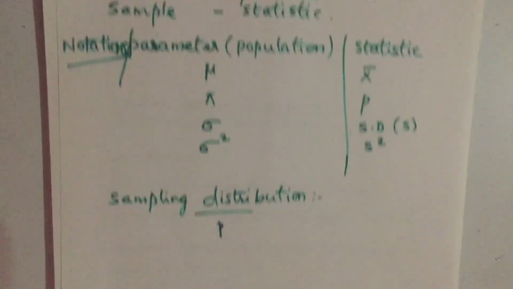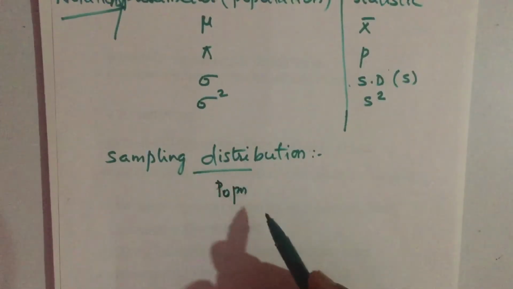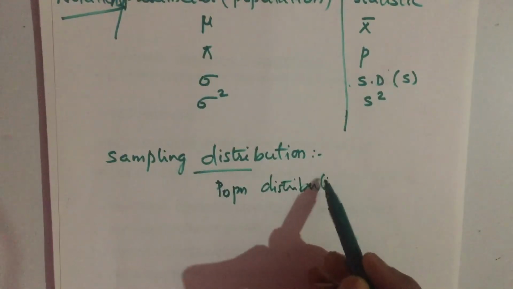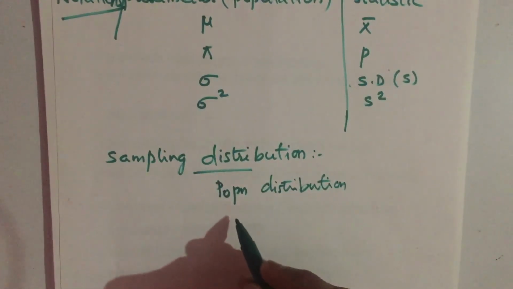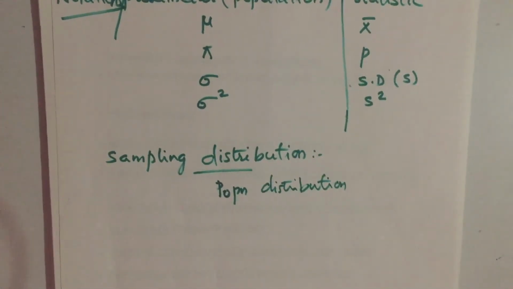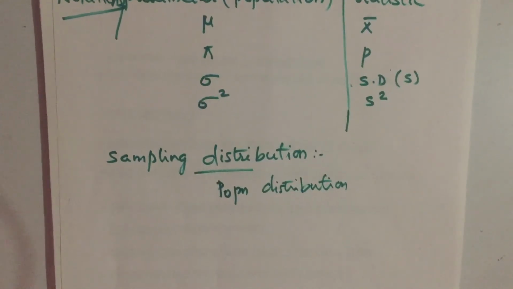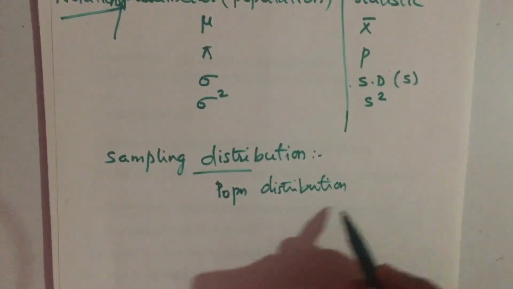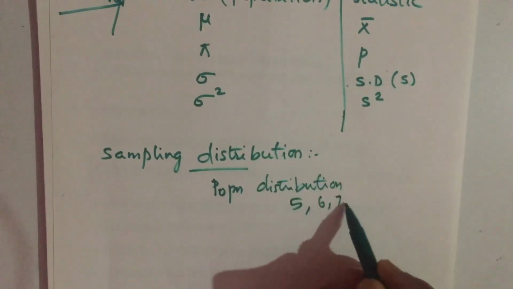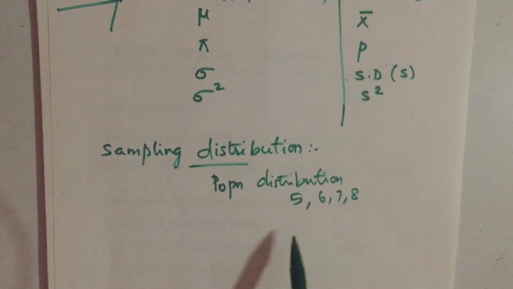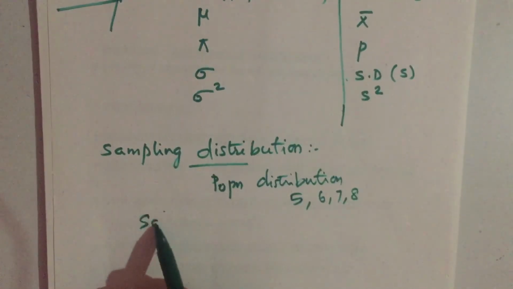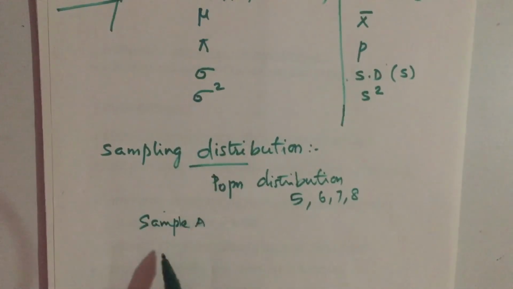Suppose you have a population distribution, say 5, 6, 7, 8, some random numbers. From this population I can take certain samples. Sample A is 5, 6, 7.